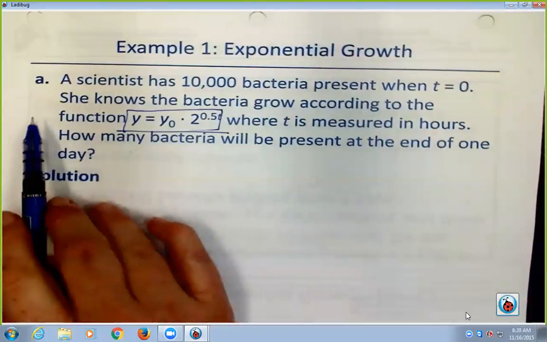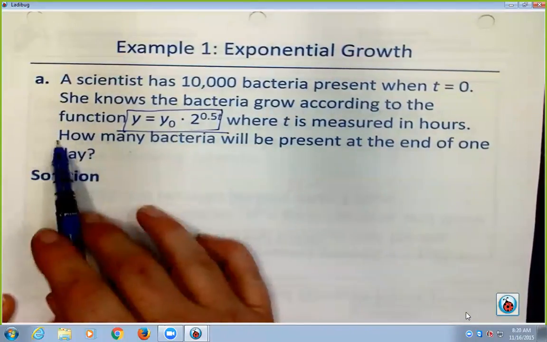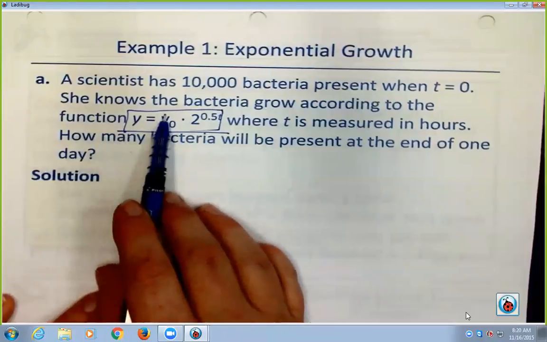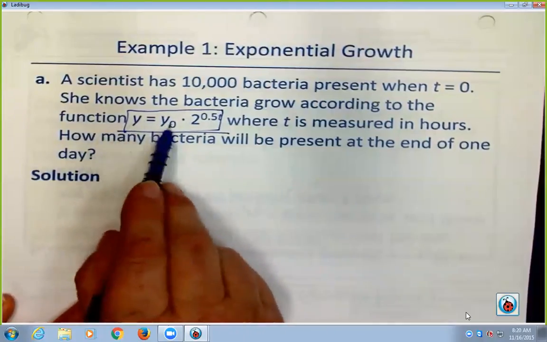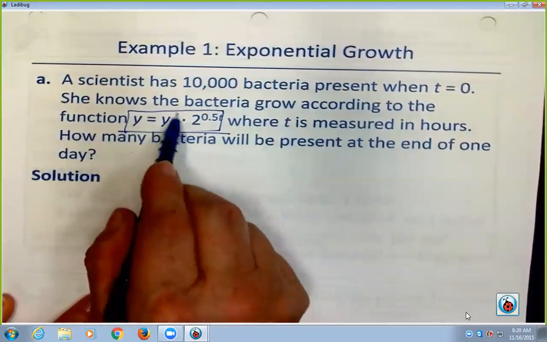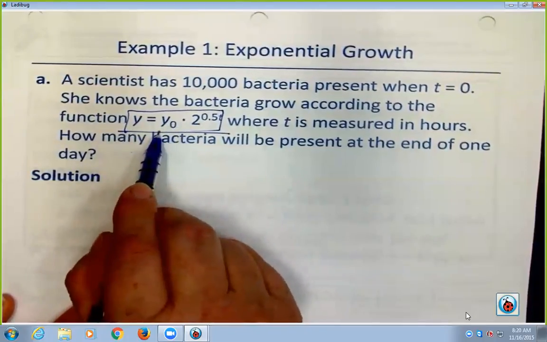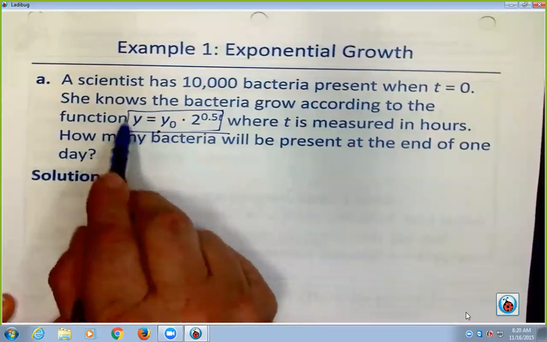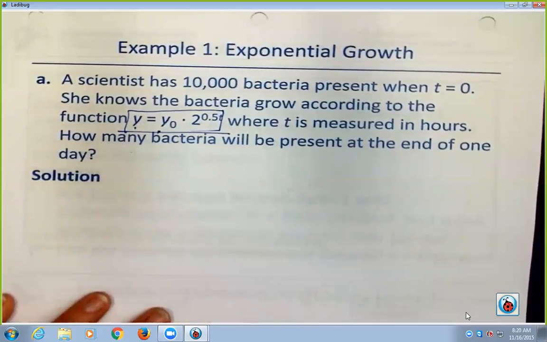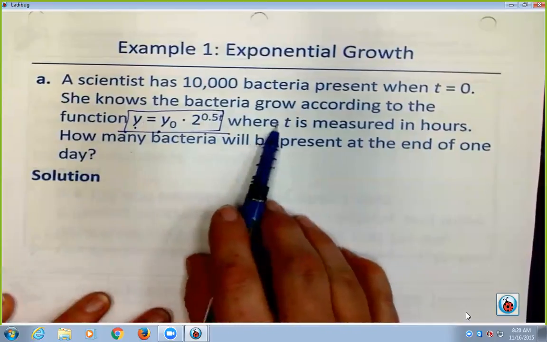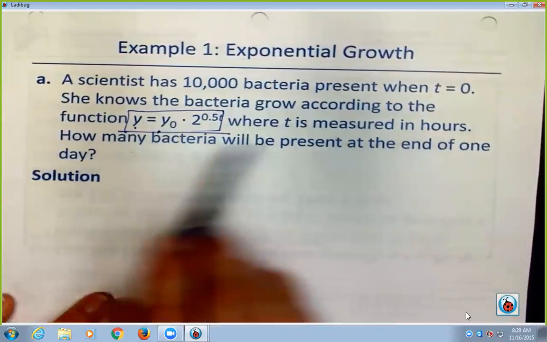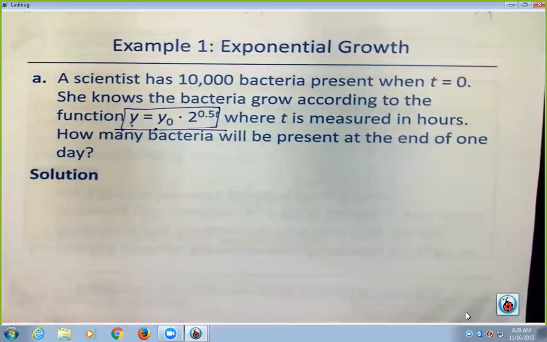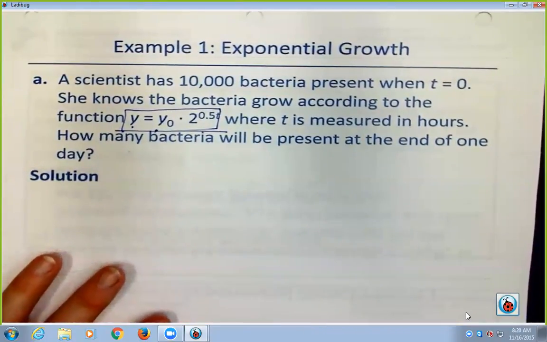So she knows that the bacteria grows according to the function y equals y sub 0. Now the difference between these is this y sub 0 is the starting amount of bacteria, and this y is the finishing amount of bacteria. So after a certain length of time, where t is measured in hours, how many bacteria will be present at the end of one day? So if we're going by hours, how many hours are in a day?